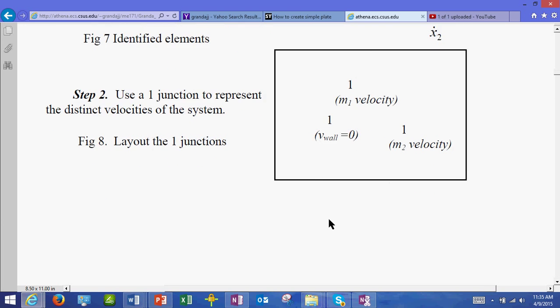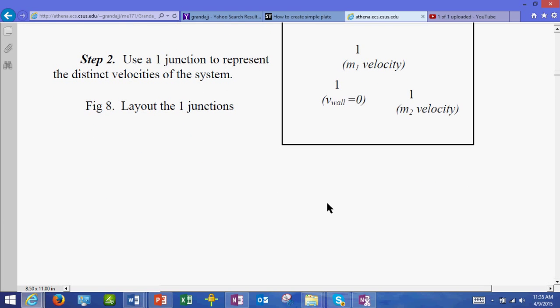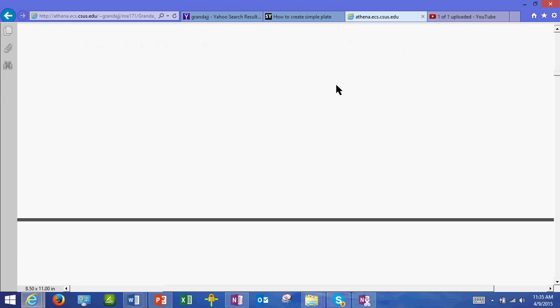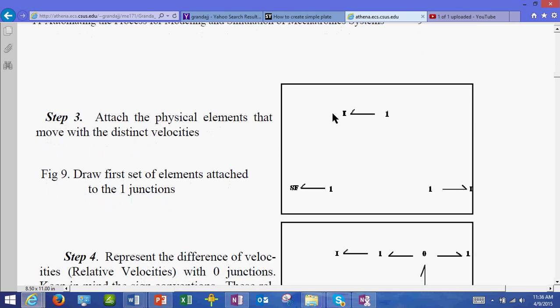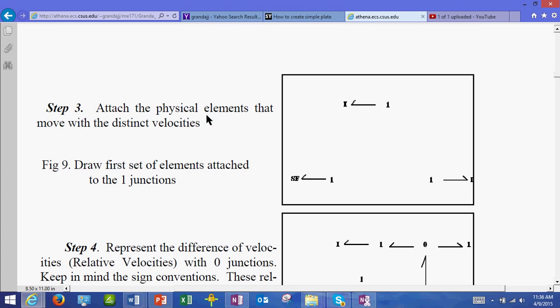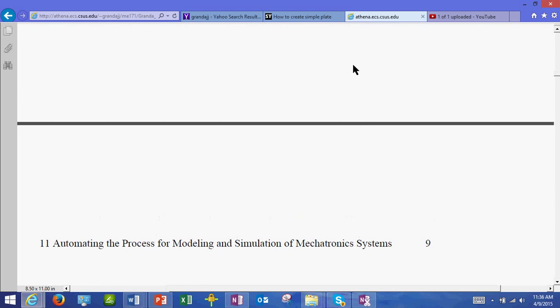So you have it in here. And then we lay out these one junctions like that. And once we are here, we attach the physical elements that move with those velocities. Now in that case it is this one right here.